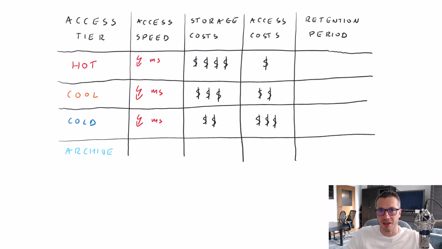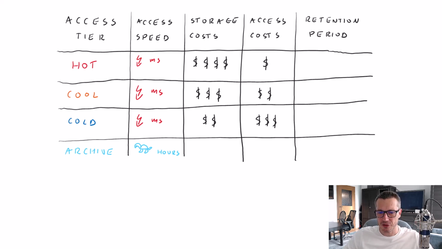So instead of this lightning symbol, I will draw this sad turtle which means that, well, we've got to wait some time just to be able to read our data. And this time, it takes hours, up to 15 hours to get data from archive access tier. So you can see the difference compared to the previous tiers.